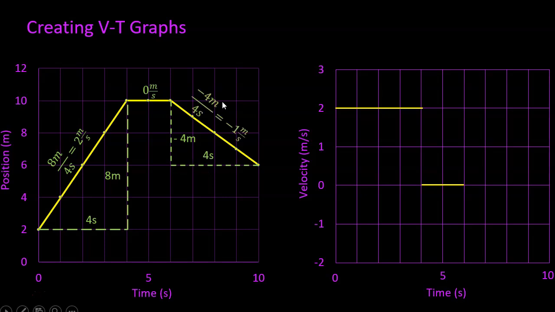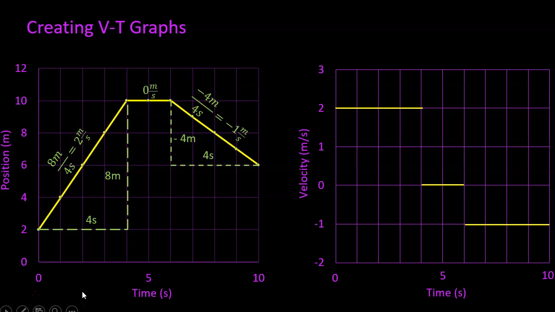When we calculate this slope, negative 4 meters, which was our rise, divided by 4 seconds, which was our run, we come up with a slope of negative 1 meters per second. That tells us that our velocity from 6 seconds to 10 seconds was negative 1 meters per second. So we need to draw a flat line at negative 1 meters per second from 6 seconds to 10 seconds. So this is how we go from a position time graph to creating a velocity time graph.